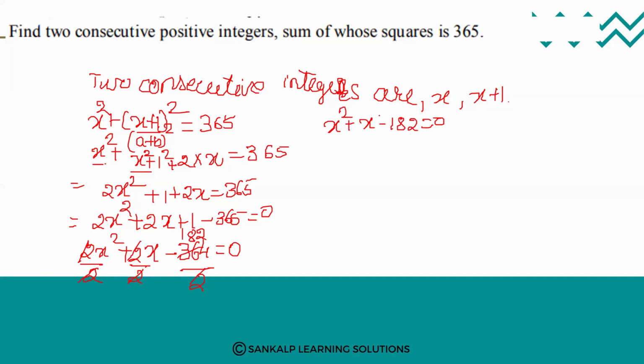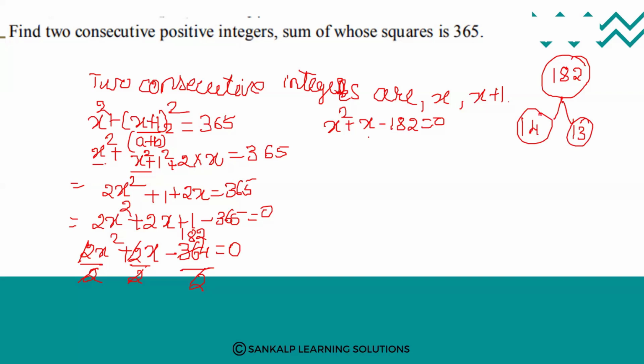Now, by using the factorization method, a into c is 182. So the product should be 182 and the sum or difference should be 1. So that means 13 and 14. 14 times 13 is 182.